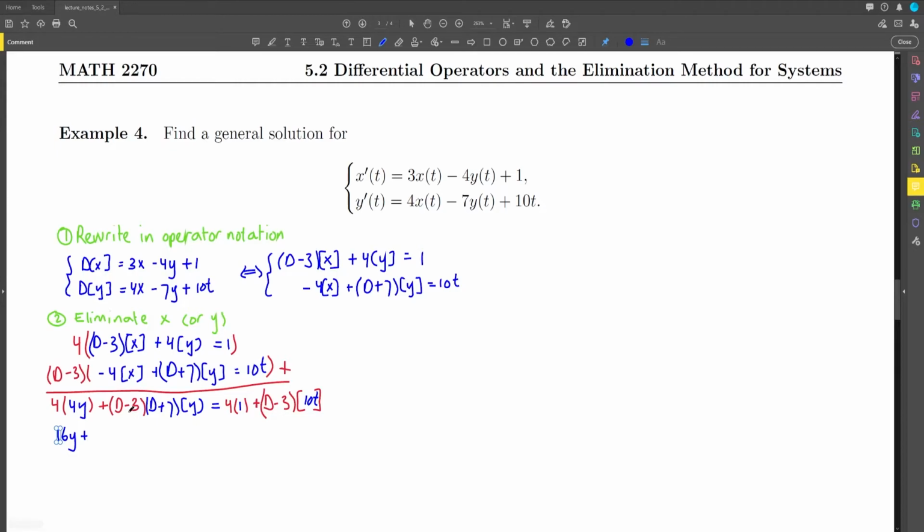For the second part, we know that when we have linear differential operators that act on each other, we can just multiply this out. So you would FOIL this, you would get D squared plus 7D minus 3D and then minus 21, and that is acting on y. And on the right hand side, you get 4 times 1, that's 4, and then the derivative of 10t minus 3 times 10t.